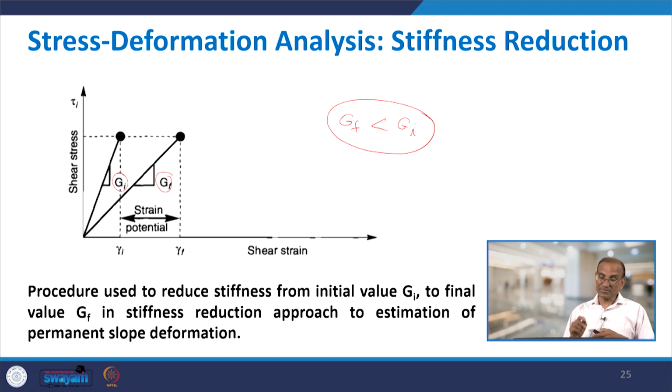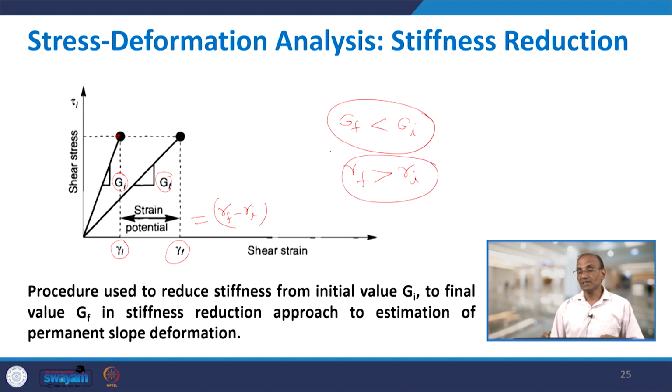For the same stress level, the strain will increase. For example, when shear stress is at the peak value, the strain level was gamma I and now it is gamma F. So, in this case the strain potential is nothing but the difference between the two strains, gamma F minus gamma I, and gamma F will be quite a bit more than gamma I. This will be the condition if your GF is less than GI.